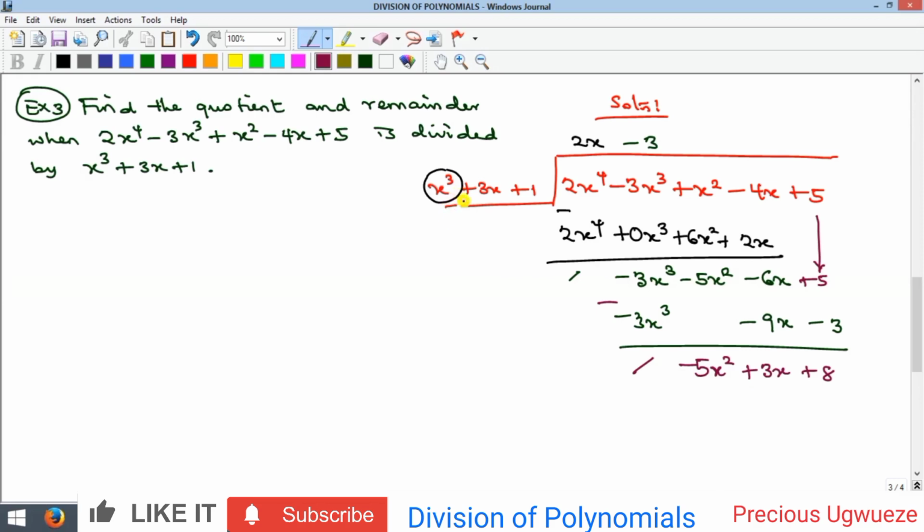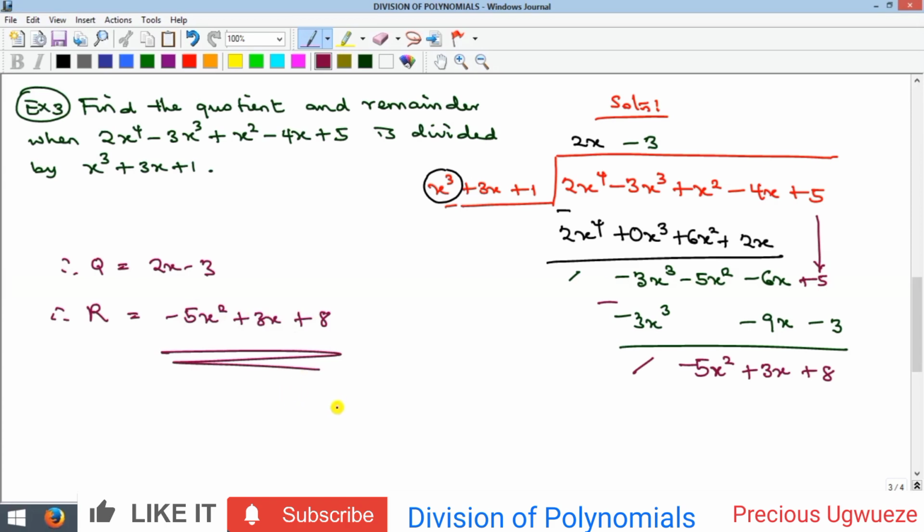Can x cubed divide x squared? And so once again it has defied the condition. The degree of the divisor is now greater than the degree of what you're dividing, so we are going to stop there. So it means then that our quotient is simply equal to 2x minus 3, while our remainder is equal to minus 5x squared plus 3x plus 8, and that is the required solution for this problem.